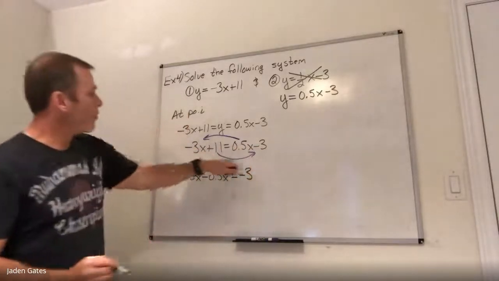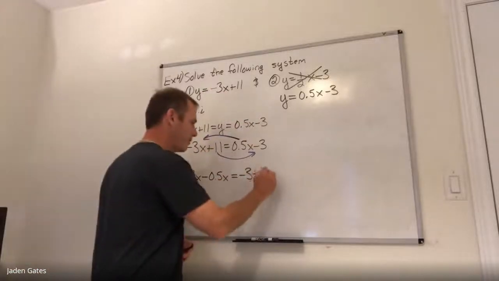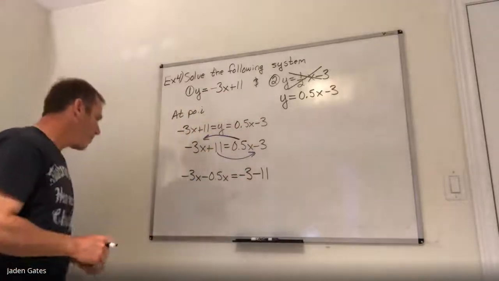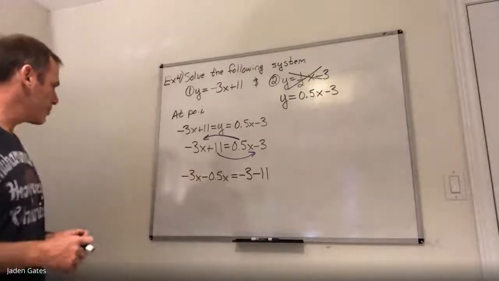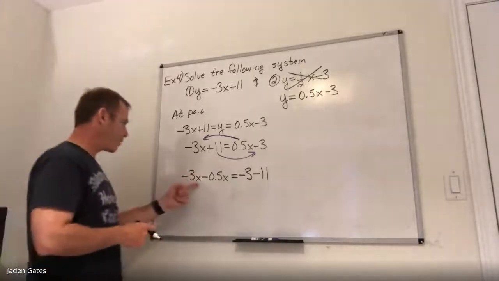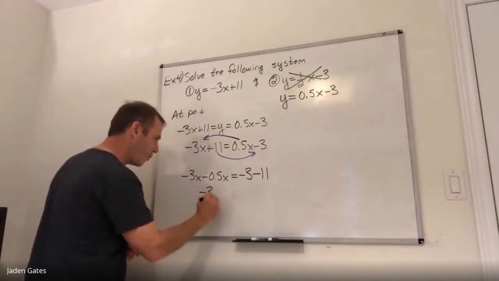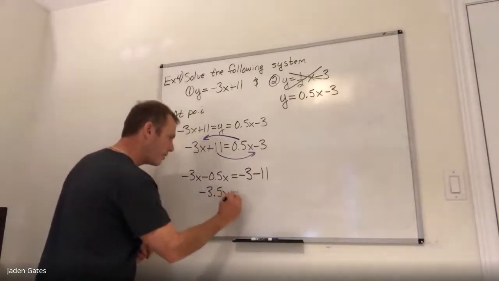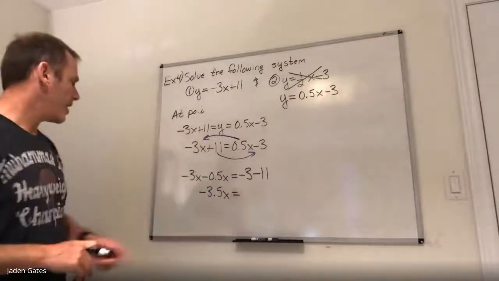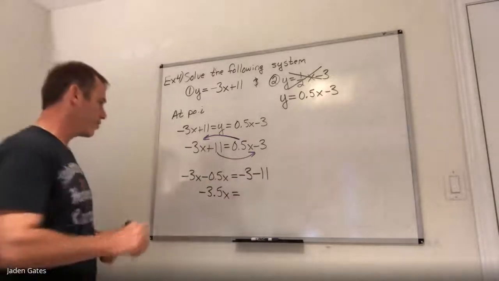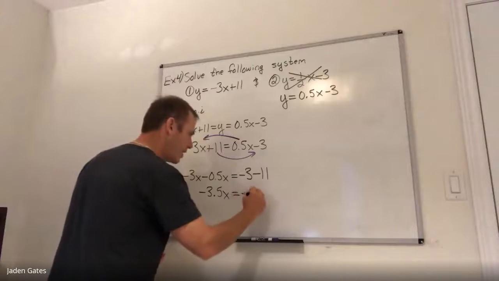And then the 11 is moving over, so it's going to be a minus 11. Putting these variables together, I have minus 3x's, minus a half x's, so I'm down 3.5 x's. And on the other side, I have minus 3 minus 11, which gives me minus 14.